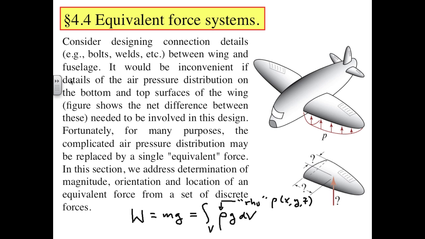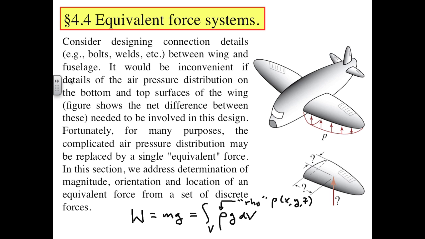Fortunately, there is a process for taking complicated force distributions and reducing them to their simplest possible form. Although some aspects of engineering require us to keep those complicated load distributions intact, many others, finding the reactions between the wing and fuselage, for instance, can be calculated by using the simplified loads.